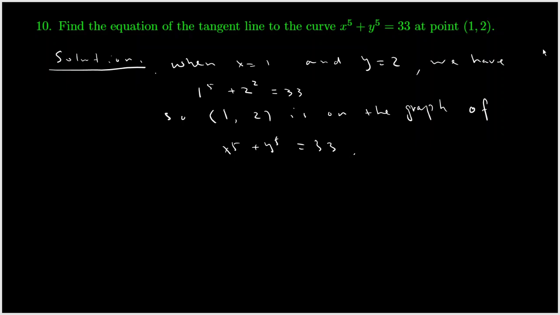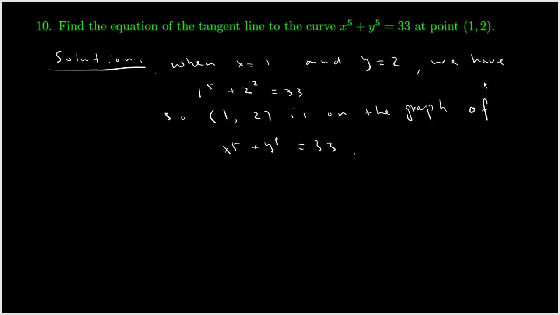Now, in order to get the equation of the line, we need two things. We need a point. You are given a point. The main thing we need is a slope. Now let's try to get the slope. So what is the slope? The slope is the derivative y prime in whatever situation.